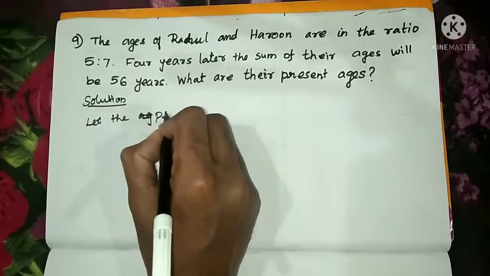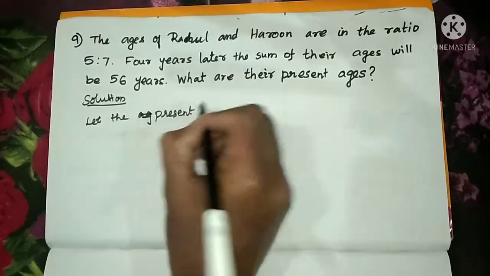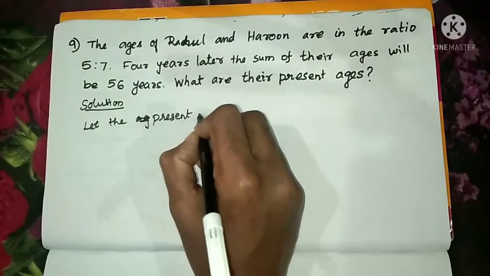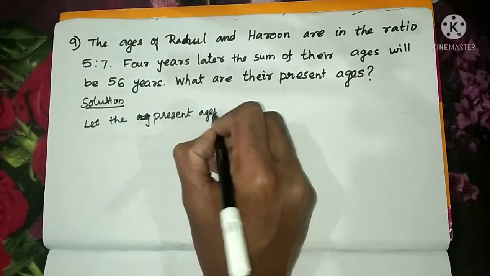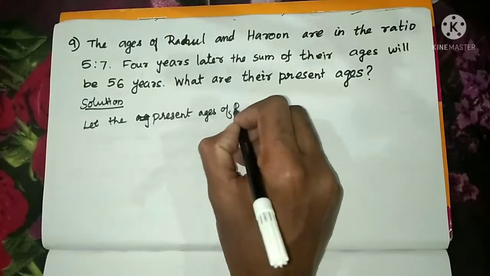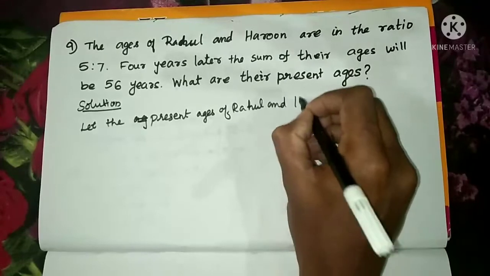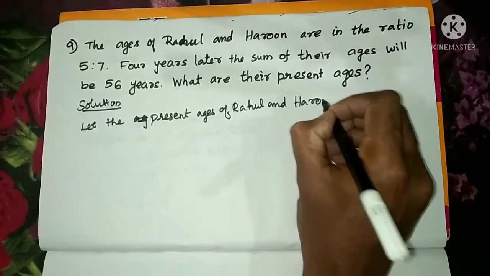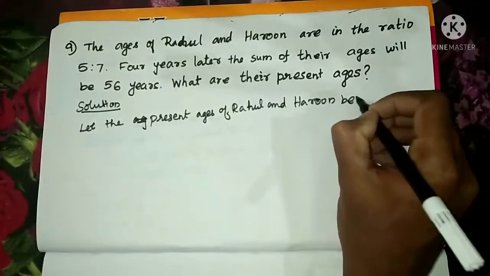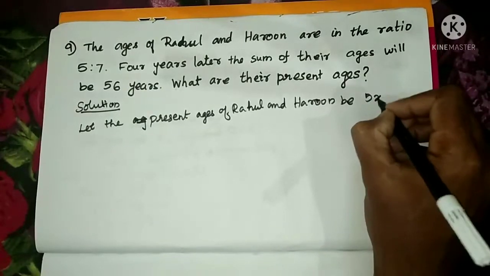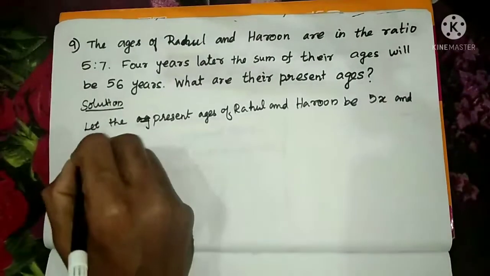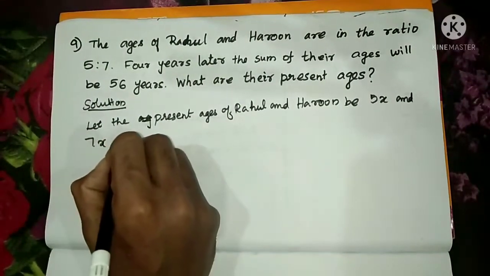Let the present ages that we have to find, present ages of Rahul and Harun, be 5x and 7x respectively.